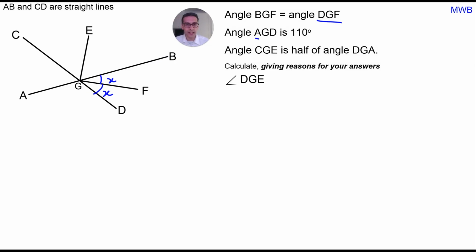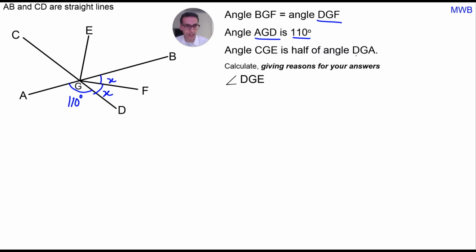Then we're told that angle AGD is 110. So AGD is this angle here. And then we know that this is going to be 110. So we can draw the arc and label it 110. And then angle CGE, so CGE is this angle here, is half of DGA.